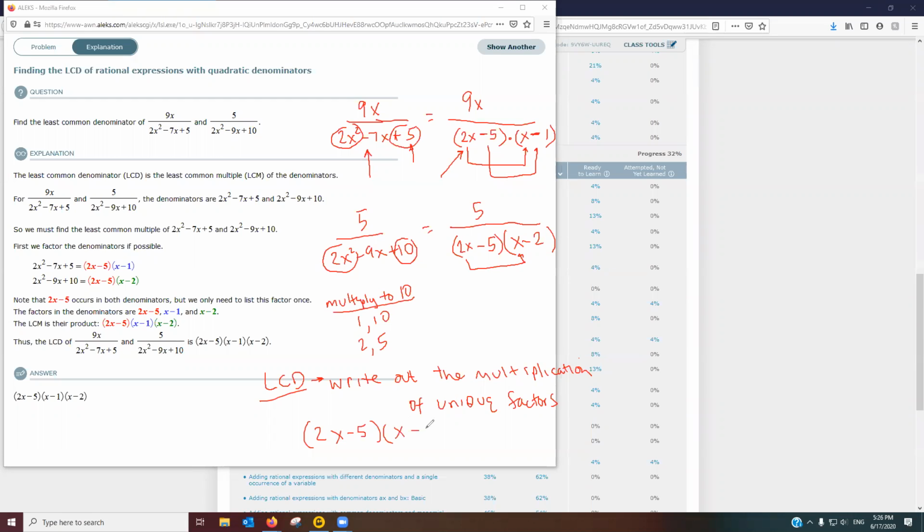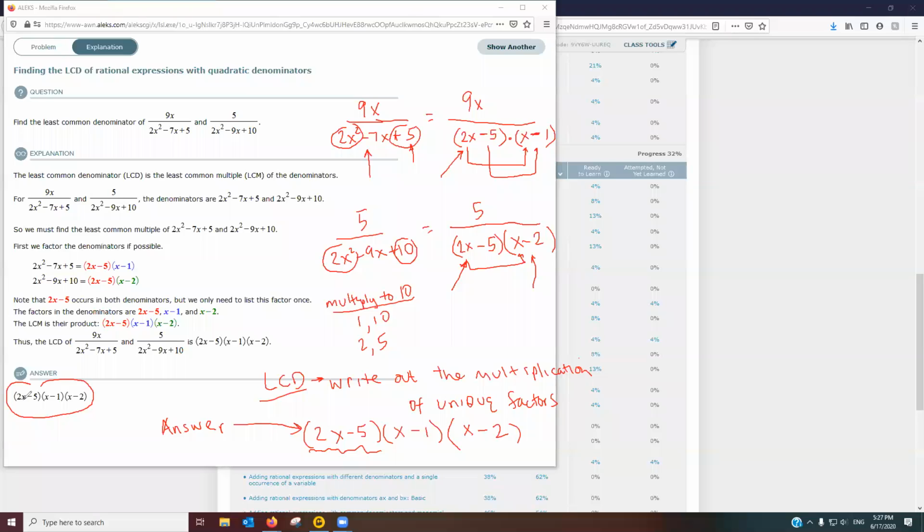Those are different, so I'm going to bring those down with me. Let me go to this other denominator, 2x minus 5. Well, I already have that here, so I'm not going to repeat it, but I do have x minus 2. That's new, so I'm going to bring the x minus 2 down. Turns out this is the answer for the least common denominator. You can see the answer is written out here also.